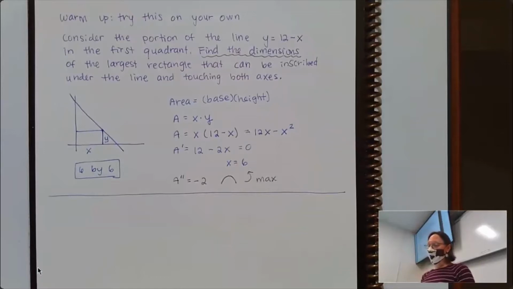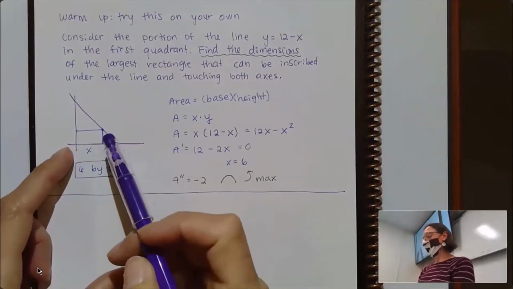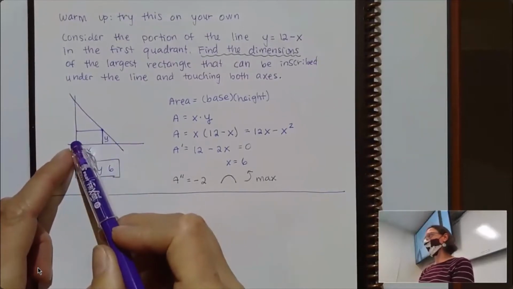Yeah, so if we talk about that, often we call it the functional domain because it's what makes sense in the context. If we look for the functional domain here, I don't have a rectangle if my width or my base shrinks down to 0.